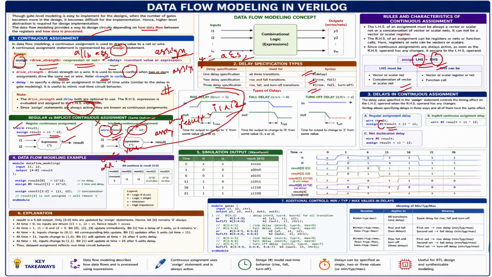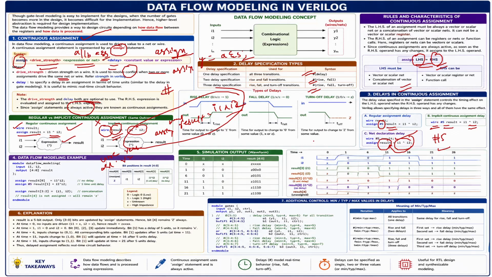In this assign statement, #5 is the regular delay we are applying. And then assign #5 result equal to I1 XOR with I2. So this is the implicit delay, automatically it is taking that. And then net declaration delay. Net declaration delay means your input has the delay, and the value is assigned immediately, but the result is obtained after a 5 second delay.